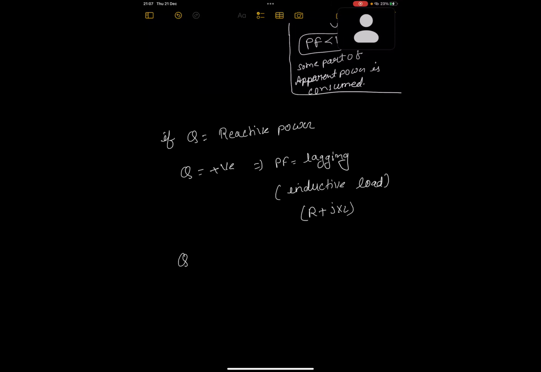When Q is negative, then the power factor is leading, which is capacitive.